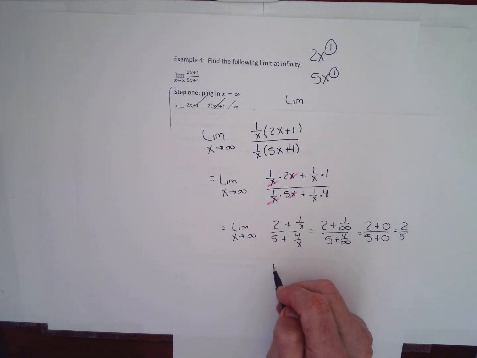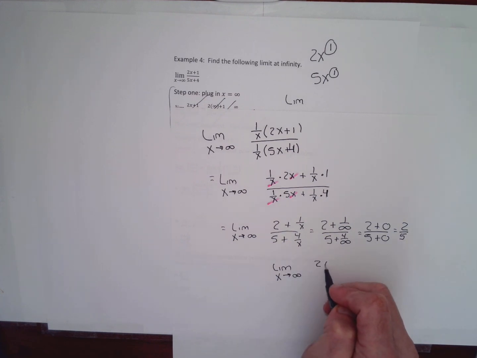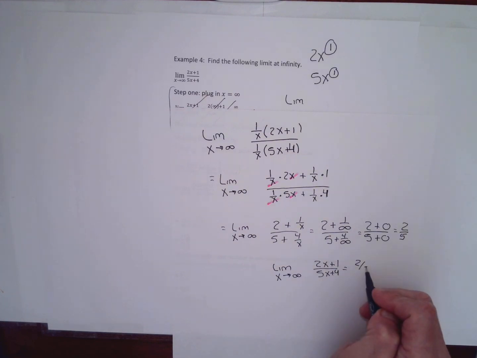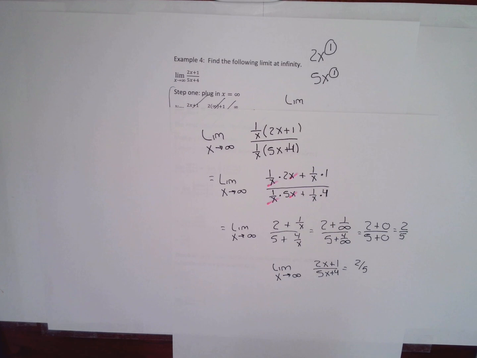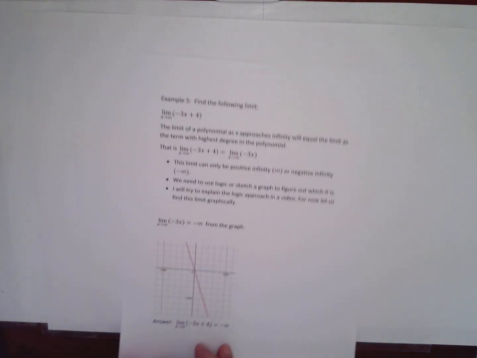My answer to the limit as x approaches infinity of the fraction 2x plus 1 over 5x plus 4 is 2/5. There's tricks to this that you learn in algebra that might be useful, but I won't talk about them right yet. I want to do the math properly without tricks at this point.